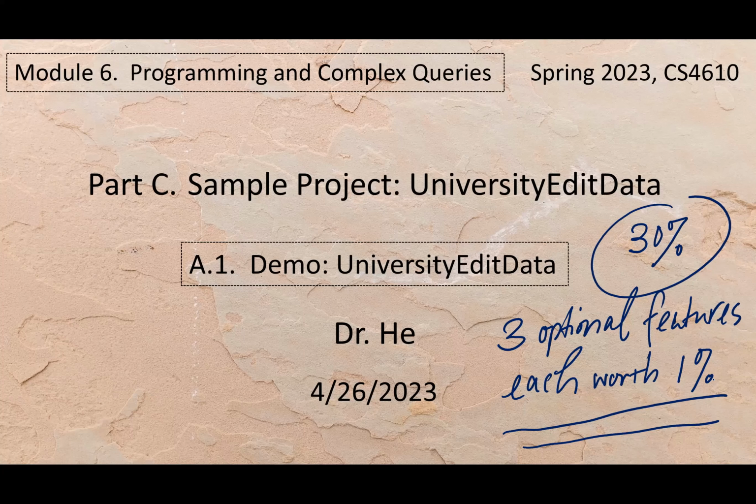All right, so now let me start this demo. When I do the demo, I explain the requirements, and it will be reflected in my project description. The project I showed you before, right?